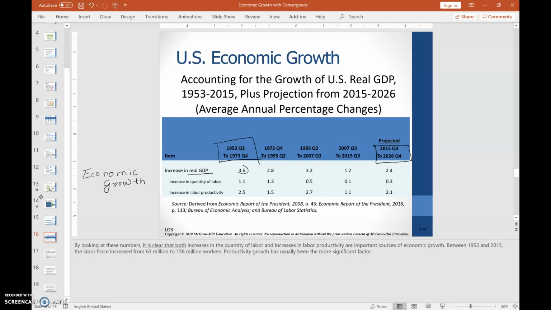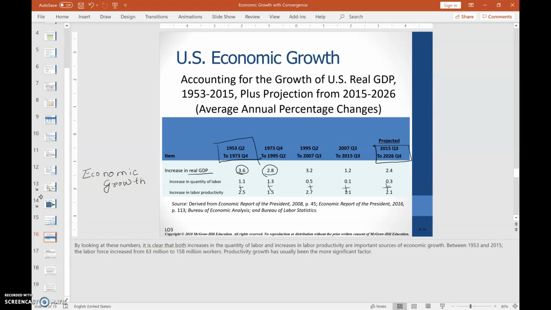So this 3.6 is an addition of increase in quantity of labor and increase in labor productivity. 2.8, I can add this up, so on and so forth for the rest of the quarters.